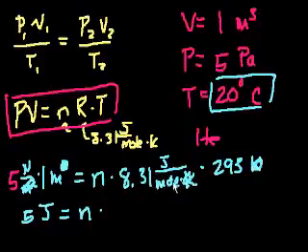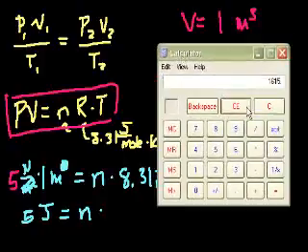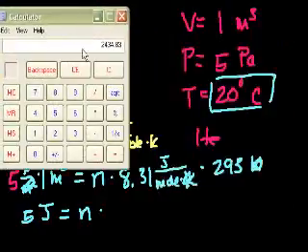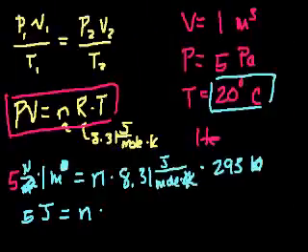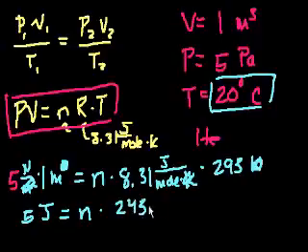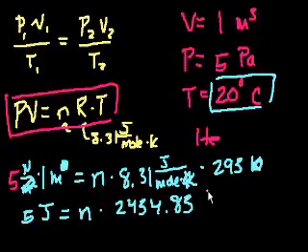So 8.31 times 293 is equal to 2434.83 joules per mole.